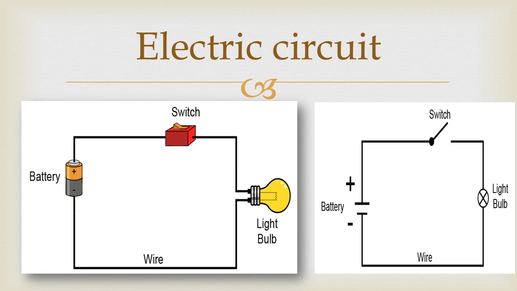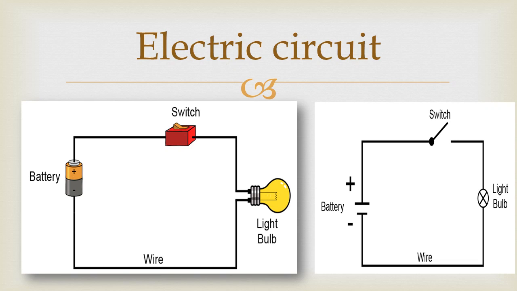This means that a current flows through the circuit and the bulb lights up. And if we switch off the plug key or switch, what happens? The current or the electrons will flow through the wire, which produces electricity in the wire and causes the bulb to light up.